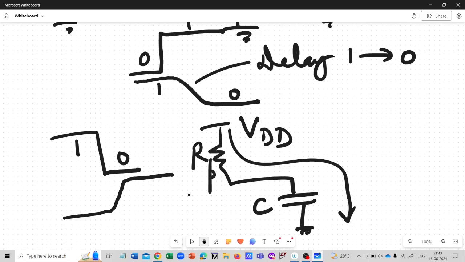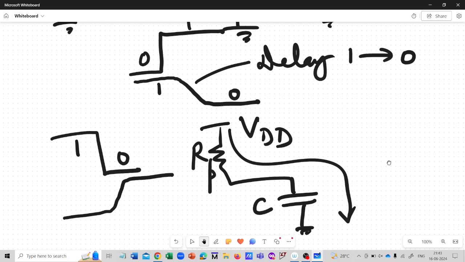The capacitance will be the sum total of the capacitances seen at the output. Let us not go into the details of how the capacitance is modeled. Nevertheless, for the time being, it is sufficient to just understand that the capacitance at the output is the sum total of the capacitances seen at the output.